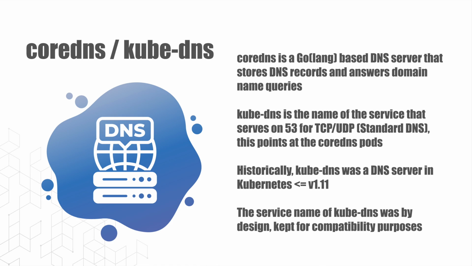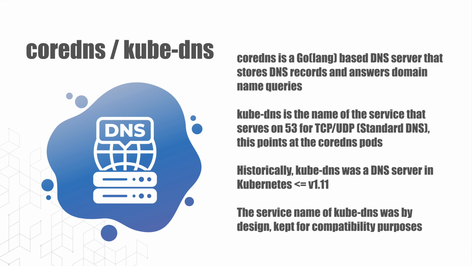Now, historically, Kube-DNS was the DNS server in Kubernetes in versions less than or equal to 1.11. The service name of Kube-DNS was by design kept for compatibility purposes. So on really old versions of Kubernetes, you'll see that name structure, but it's different to what we have here.